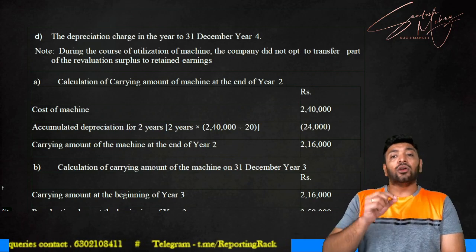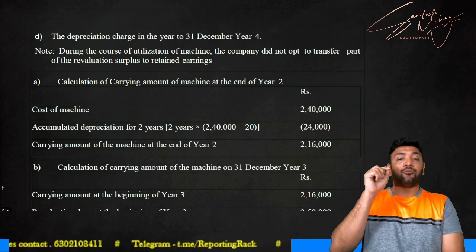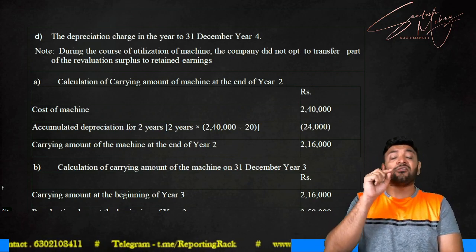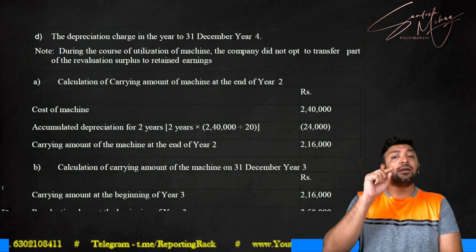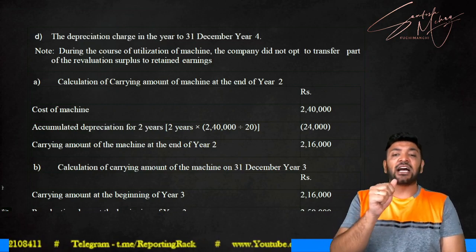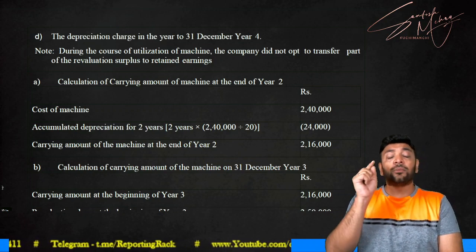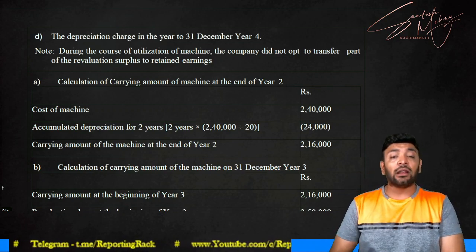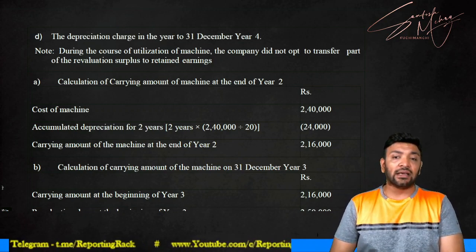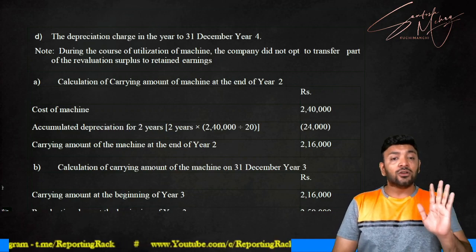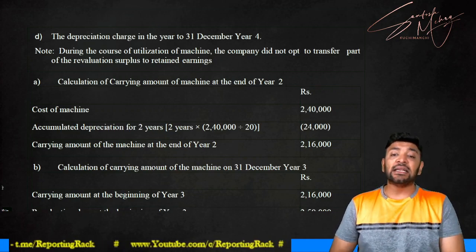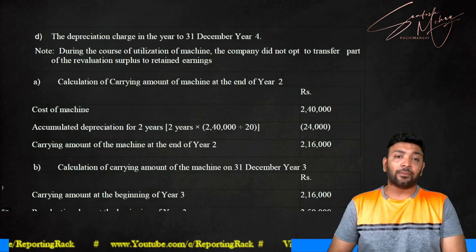Whenever the asset is revalued upwards, the excess depreciation charged on the revalued amount should be transferred from revaluation surplus to retained earnings. He did not do that, so the revaluation surplus is intact.